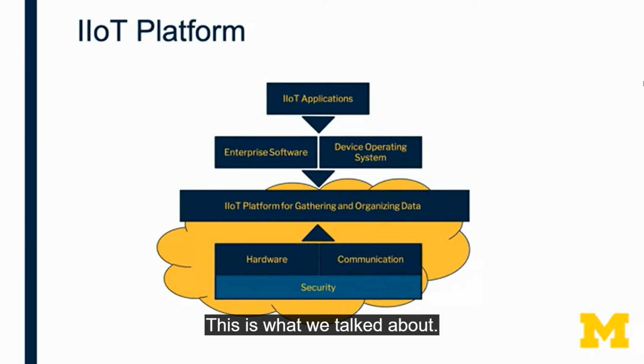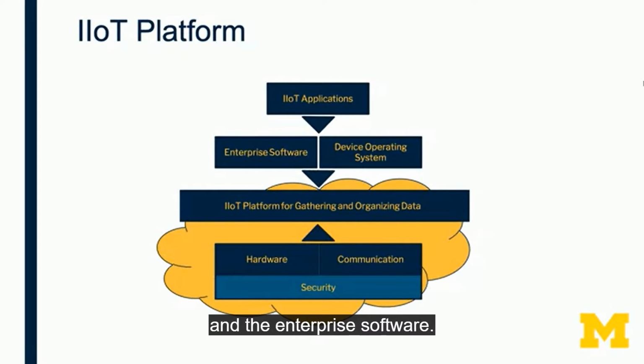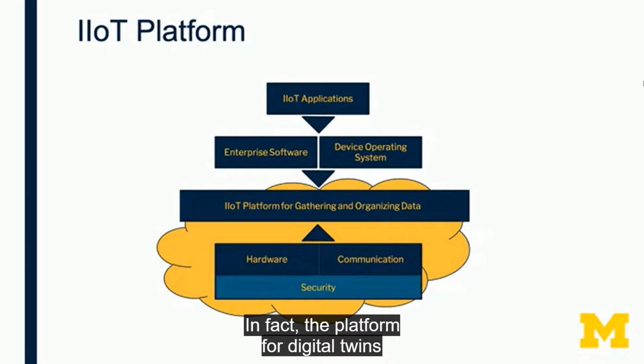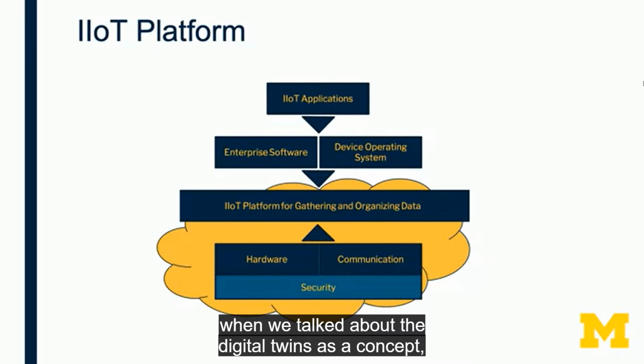We talked about how security and cybersecurity and hardware communication infrastructure is very important for the IIoT applications. And we talked about the IoT platform and then the connectivity with the various devices, machine operating systems, and the enterprise software. In fact, the platform for digital twins often builds on top of the platform for IIoT, because as you can imagine, when we talked about the digital twin as a concept, it was working based on first static digital twin of digitizing the design information.